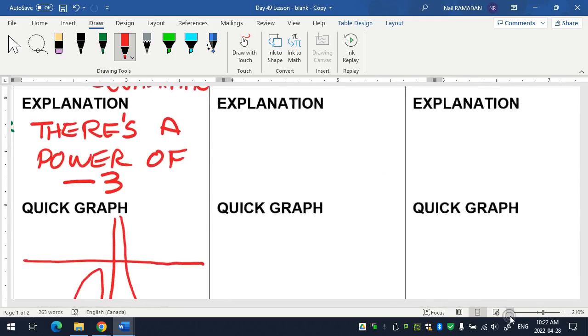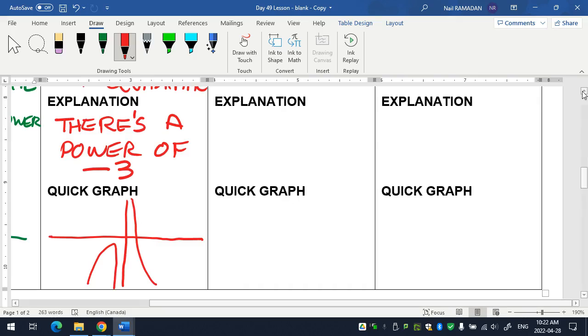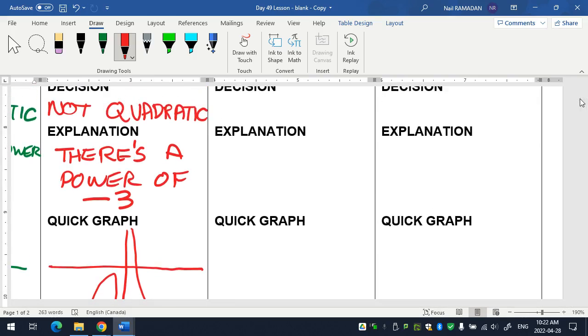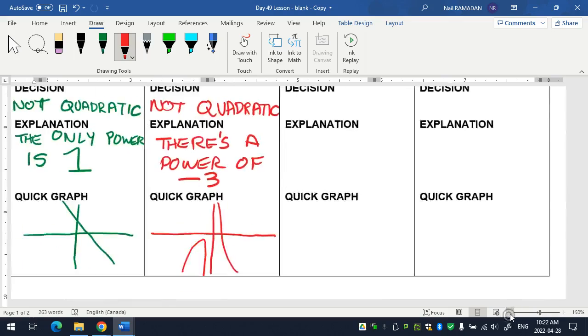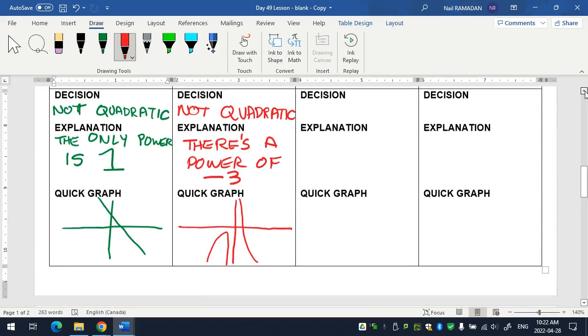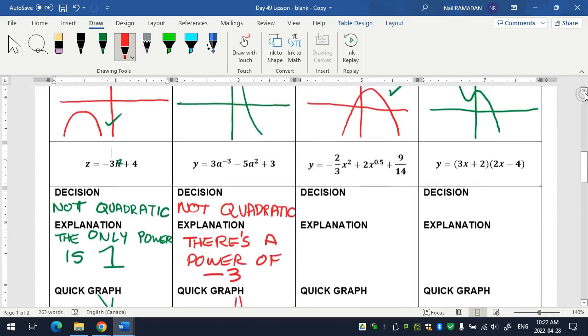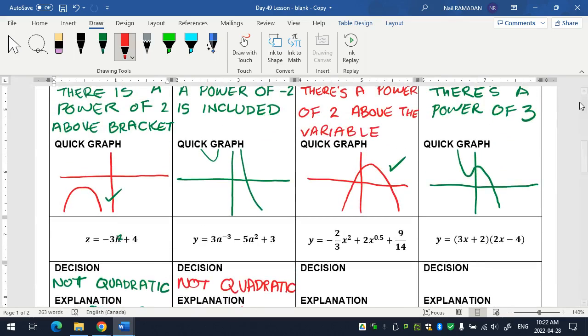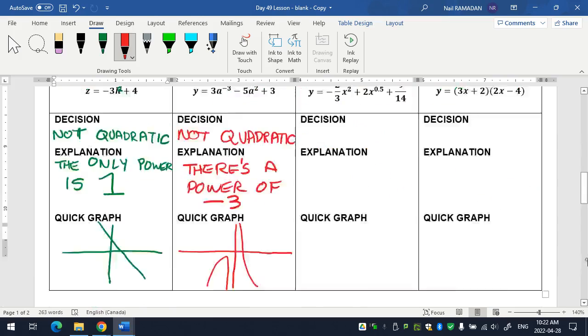Okay. Up. Oh, you mean the row above? Good.